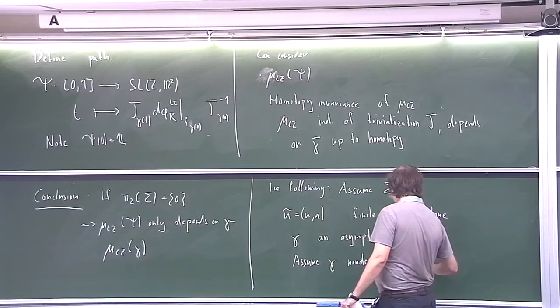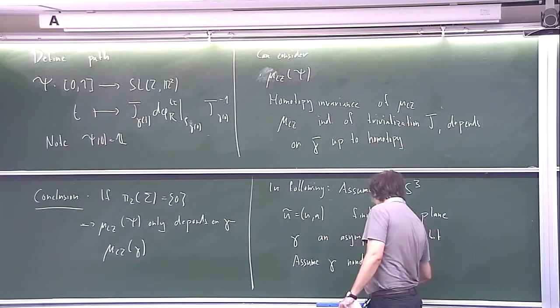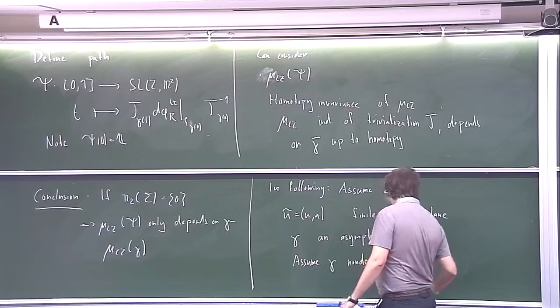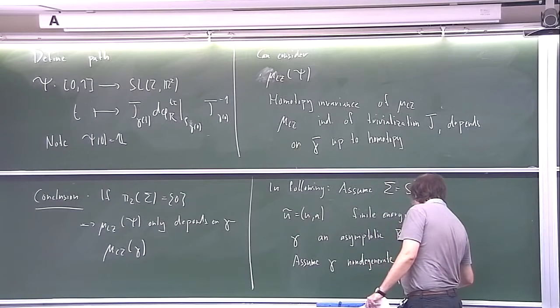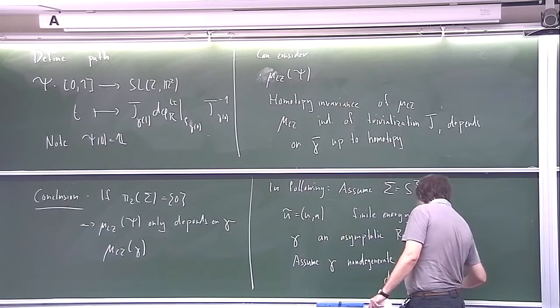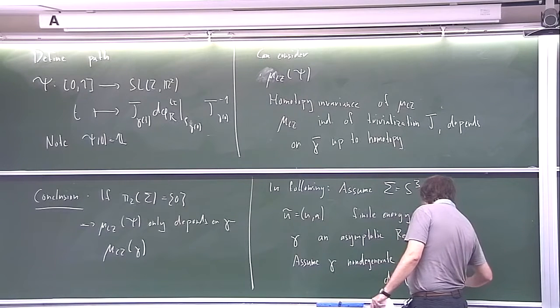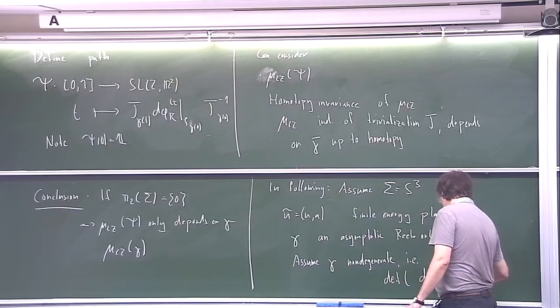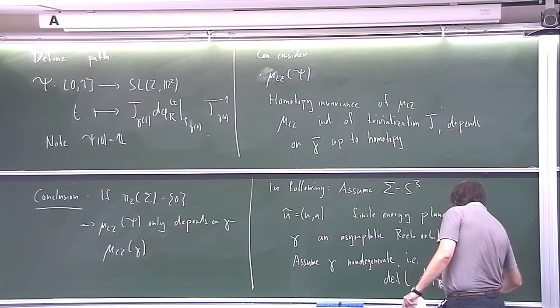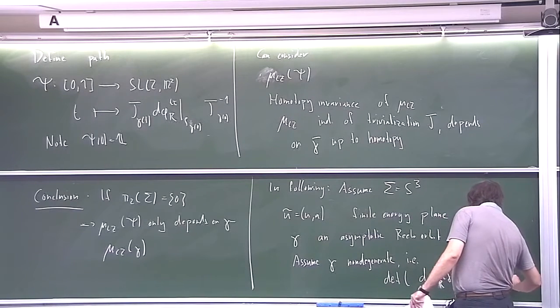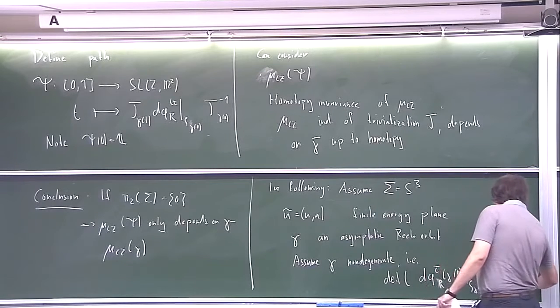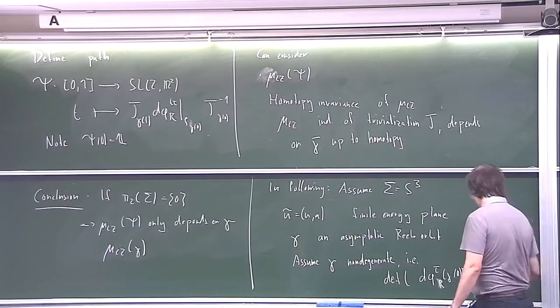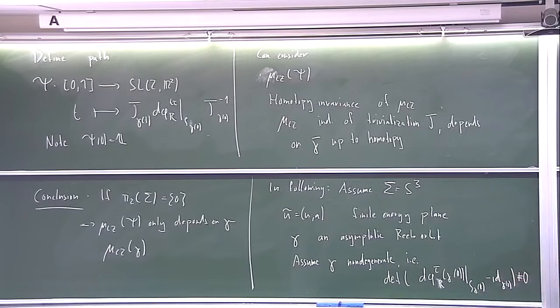So that means that if you look at the linearization of the flow of the Reeb vector field, gamma 0 restricted to psi gamma 0 minus identity of gamma 0, this is different from 0. So we don't have eigenvalue equal to 1.